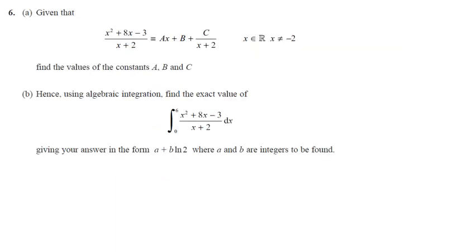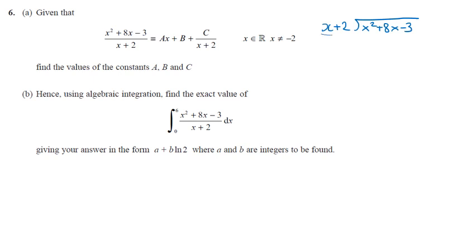Question 6. We need to just do polynomial long division here. So x plus 2 into x squared plus 8x minus 3. So how do we do polynomial long division again?